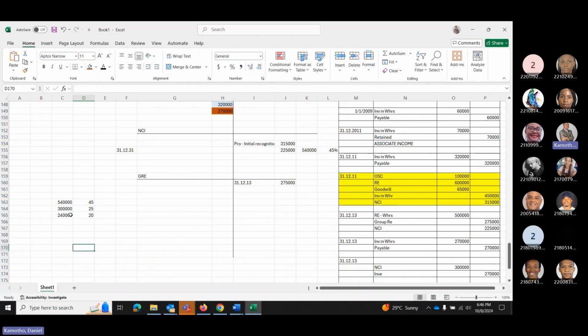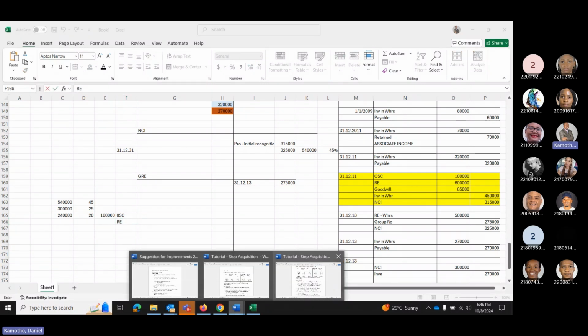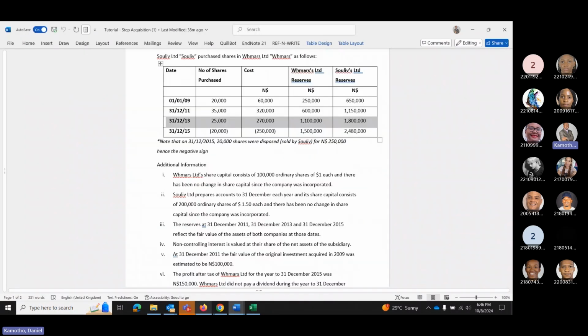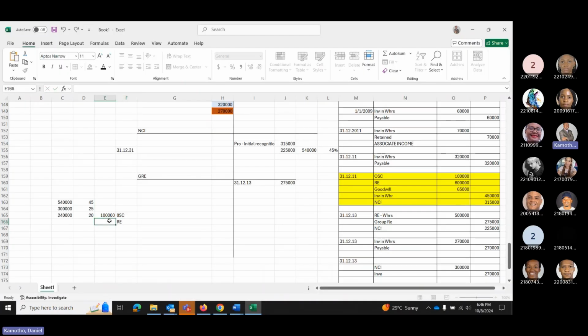And how can we prove this? We can look at the net asset of the company at that date. The net asset is made up of 100,000, which is ordinary share capital, and the retained earning at that date, which is given as 1.1.